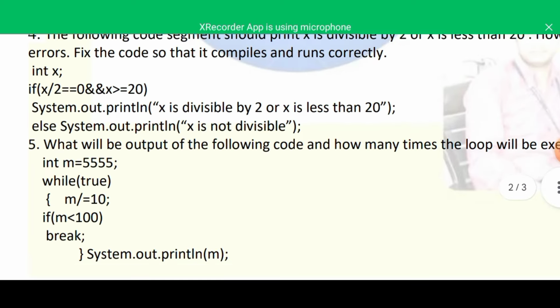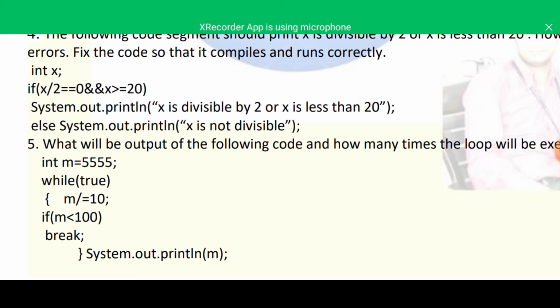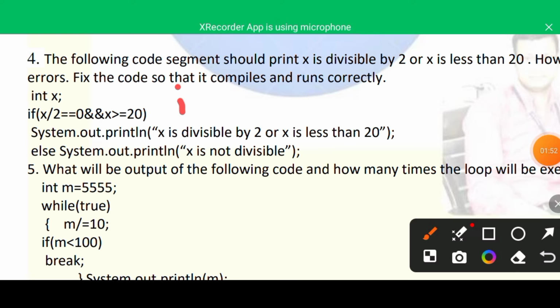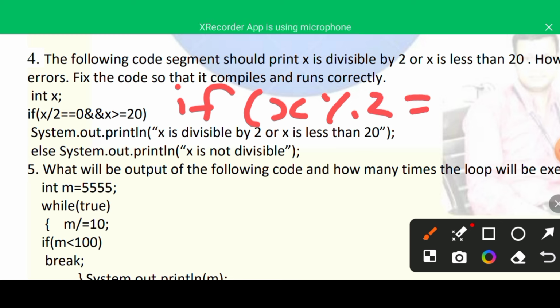So if you look here, int x semicolon, it's all okay. Then, if x is divisible by 2, as it is mentioned in the question. So what is the correction? It is written here x divided by 2. For divisibility, we will write the modulus operator. So this was wrong there.